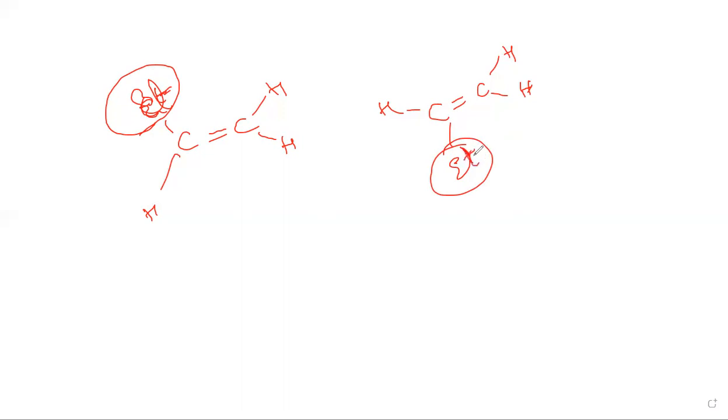So there are no geometrical isomers, because the carbon must have two different groups.